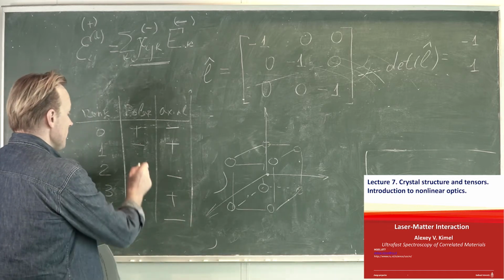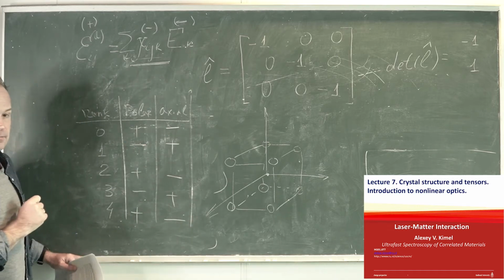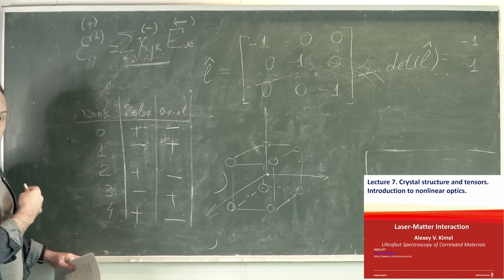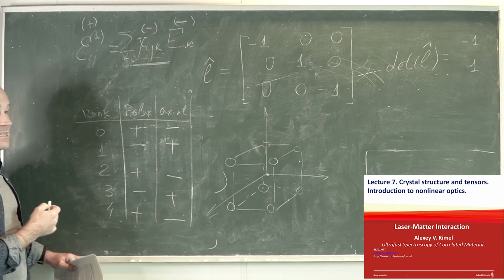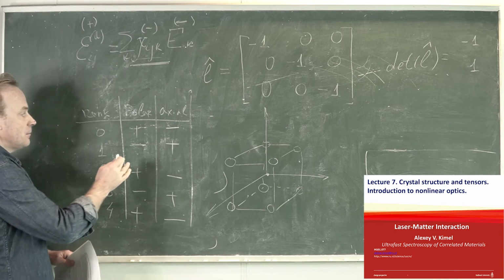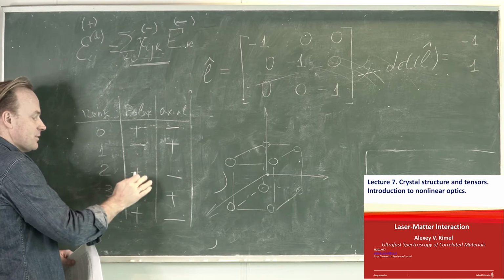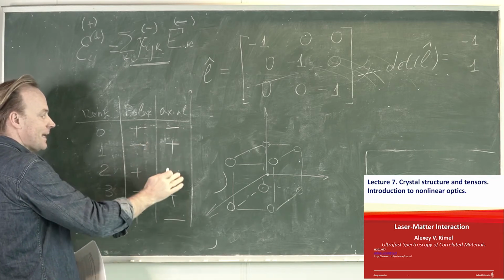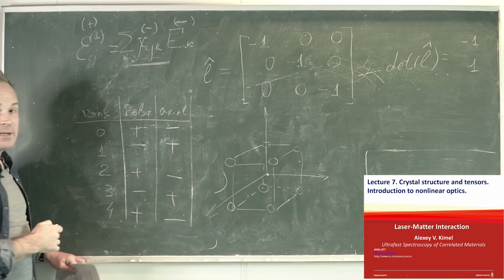This tells us that properties which are described in centrosymmetric media by polar tensors of odd rank and axial tensors of even rank are simply forbidden.